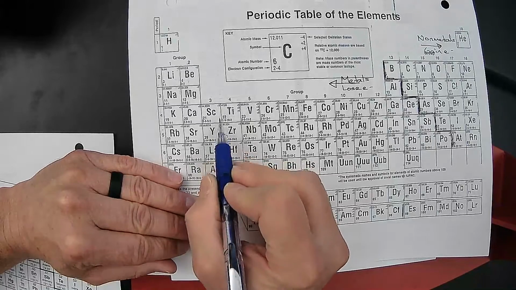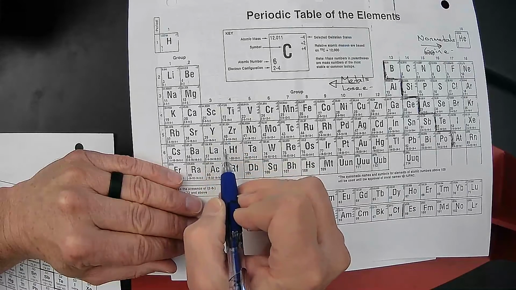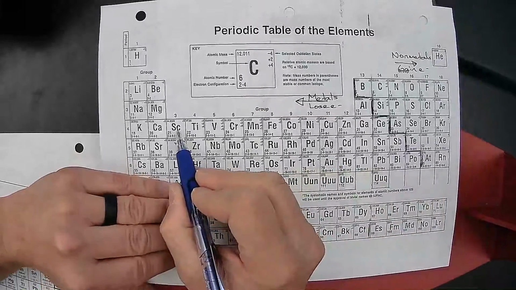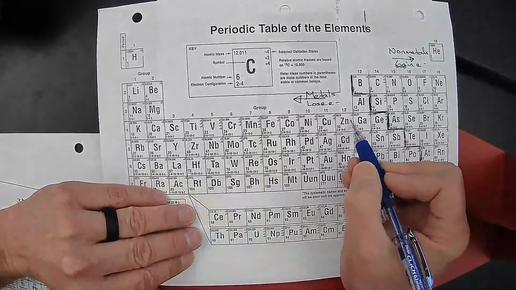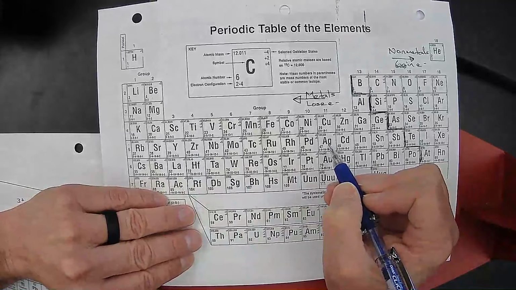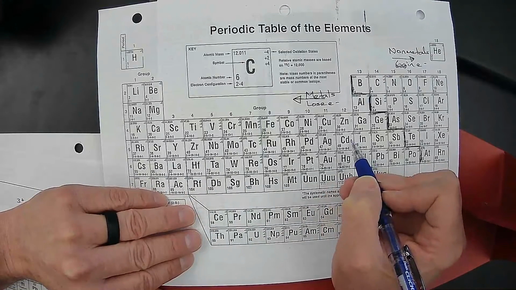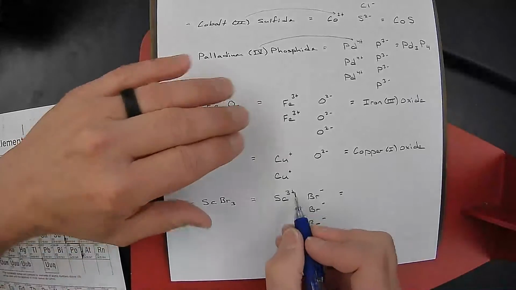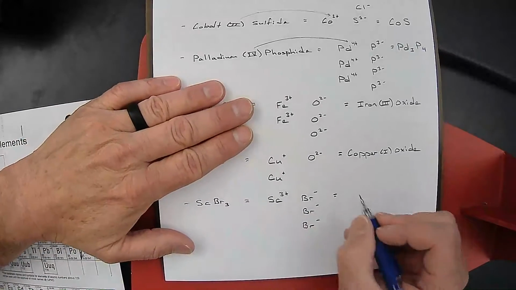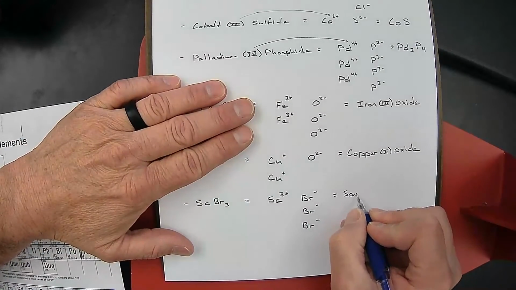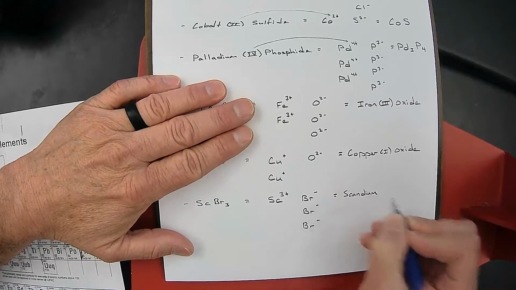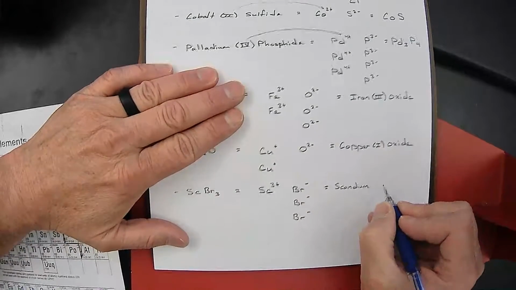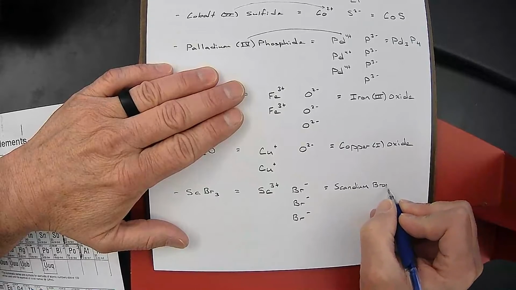When there is only one option for the ion, Sc has only one option, Zn has only one option, Ag has only one option, Cd has only one option, we do not include the Roman numeral. So this is just simply scandium bromide.